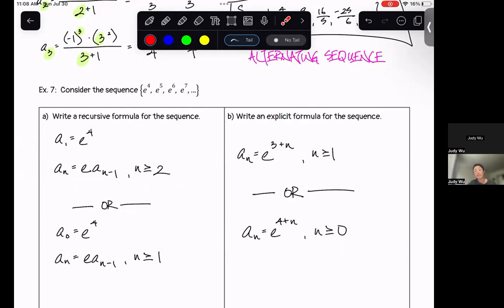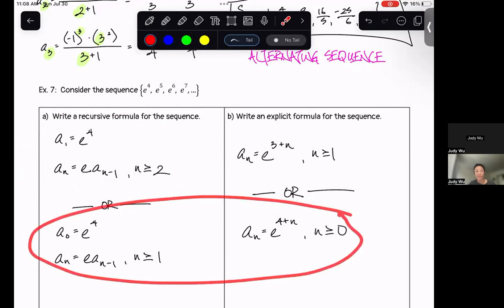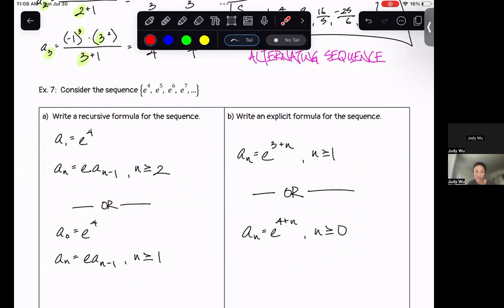You have a little bit of flexibility there. Sometimes some textbooks or situations will say, let's start with 1, all right? But then other times we like to get those y-intercepts in there. So that's why we start with n equal to 0, okay?